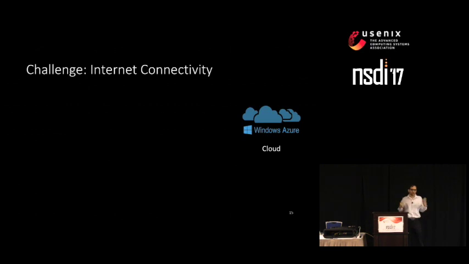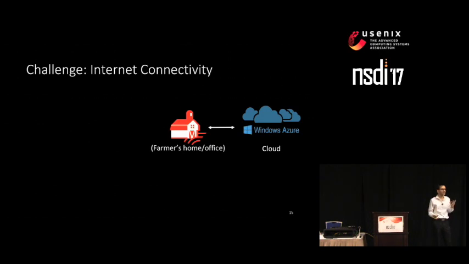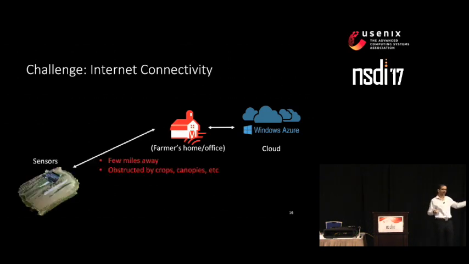So let's start with the first question. How can we build an IoT system when we do not have internet connectivity on the farm? Before we do that, let's take a step back and try and understand what we have on the farm. So there is the cloud that we want to connect to. And then there is some internet connection at the farmer's home or office, which we can use. And on the other hand, we have these sensors, which we want to connect to the internet.